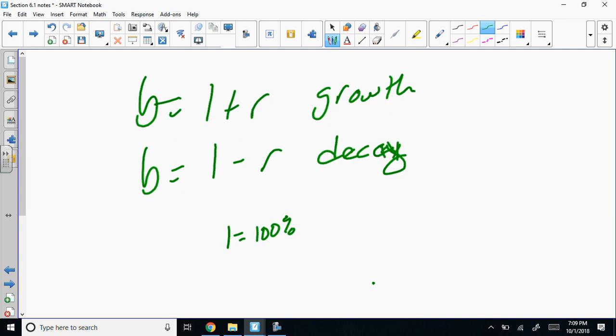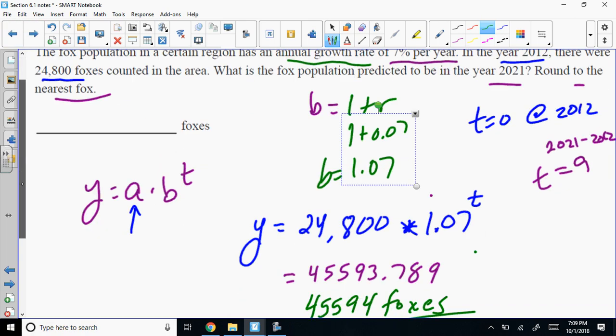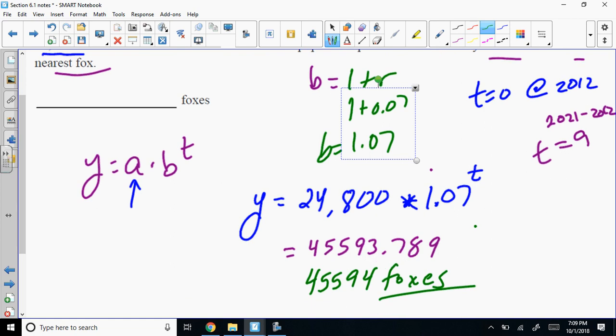That's where the 1 is. If we were really doing this, there would only be 45,593 foxes, technically, if we were physically counting them, because that 0.789 would mean there's a fox that's pregnant.